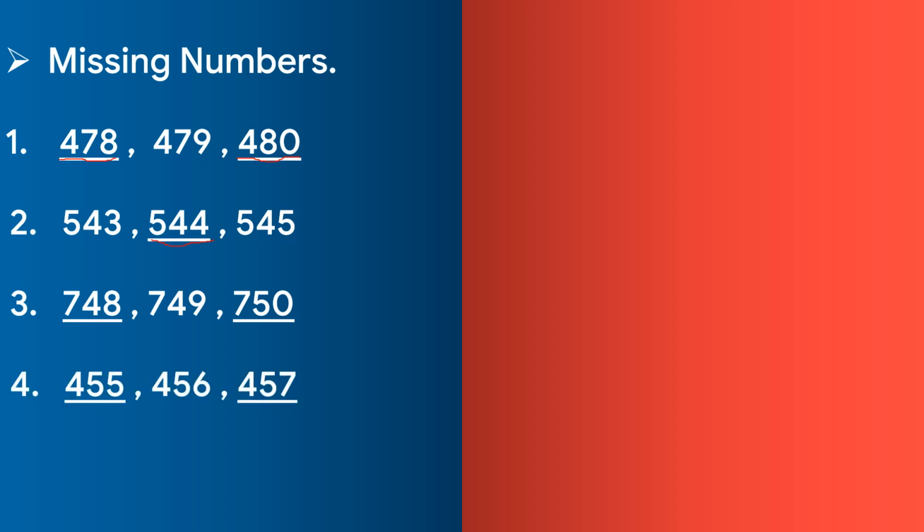Now your next number is 749. If the blank is given before the number, it is considered as a preceding number, or before number, and if the blank is given after the number, then it is considered as the successor of that number.